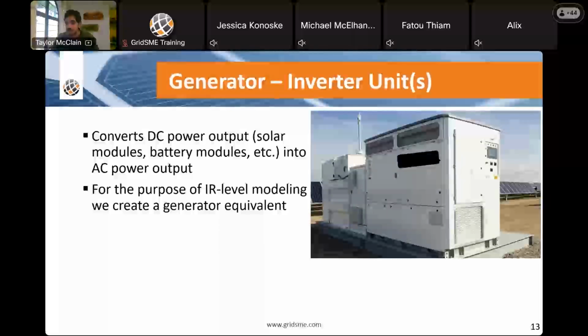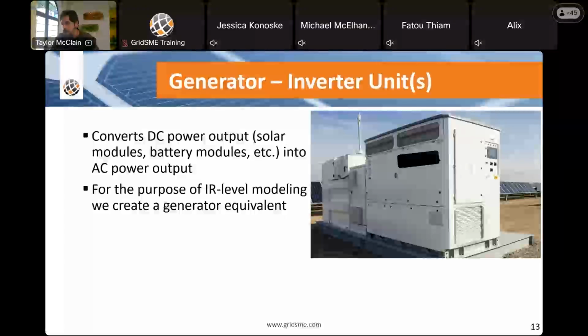And as mentioned earlier, this output is typically between 300 to 700 volts, and that is connected to the pad-mounted transformer. So one thing I haven't explicitly represented in here, because it's not always included in an IBR generation facility, is reactive power support.